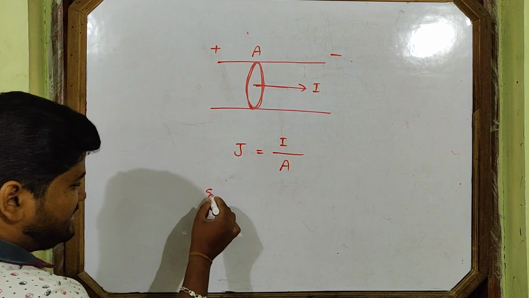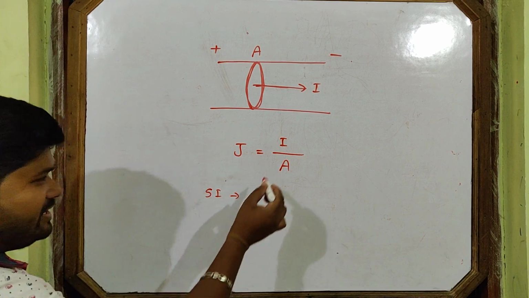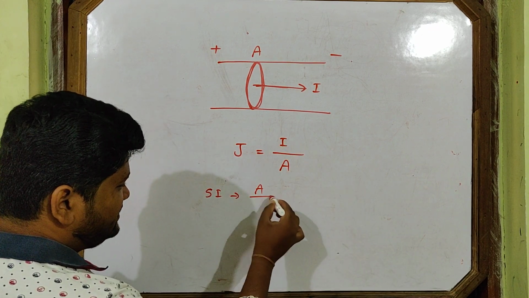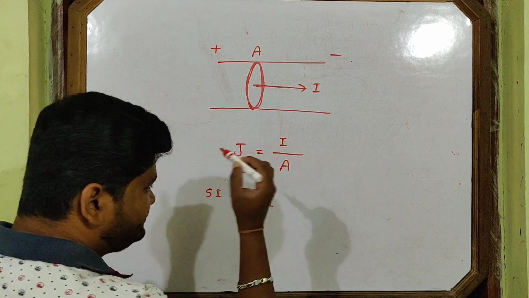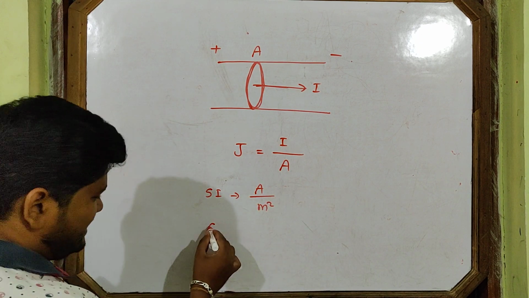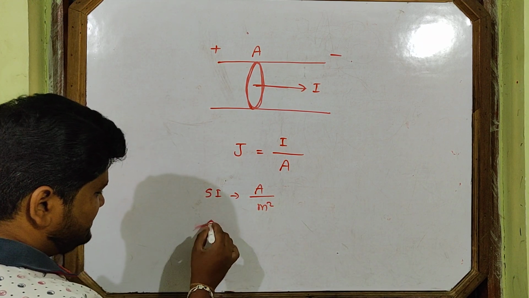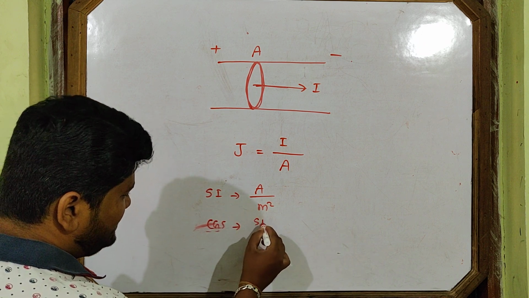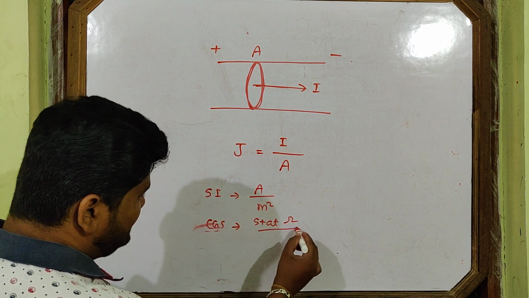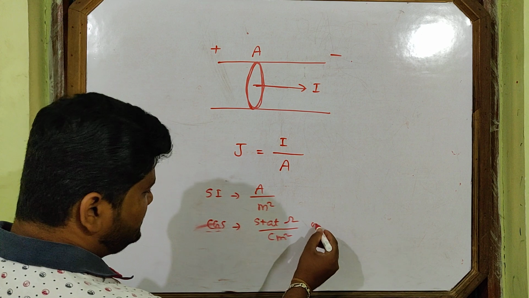Then what is the SI unit? The SI unit is very clear: ampere per meter square. Accordingly the CGS unit is ampere, or abampere, divided by centimeter square.